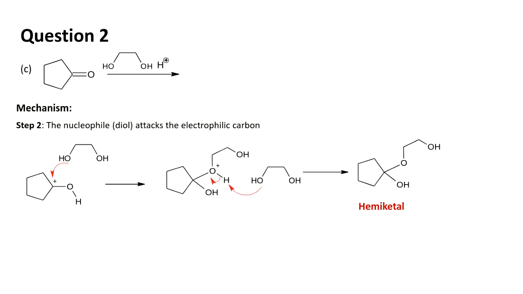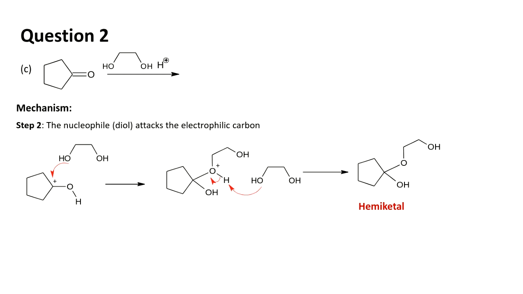We have acid. What do you think will happen? Maybe we protonate the hemiketal again to create a better leaving group. Yeah, what would we protonate? There are 3 oxygens there. The OH becomes a leaving group. Very good. Yes, you protonate the OH. It becomes a good leaving group as water.